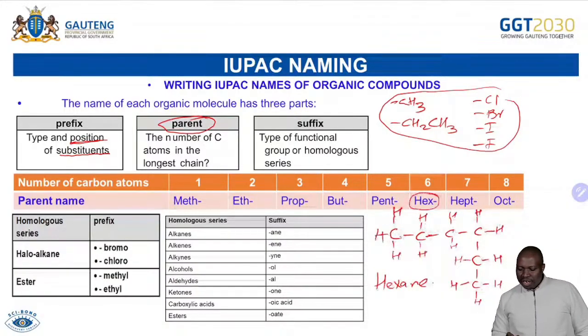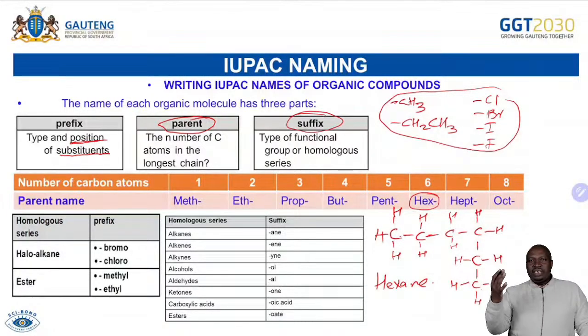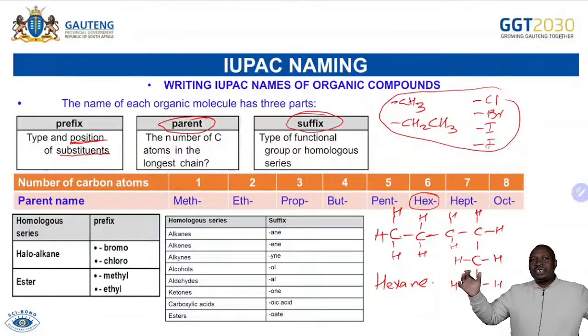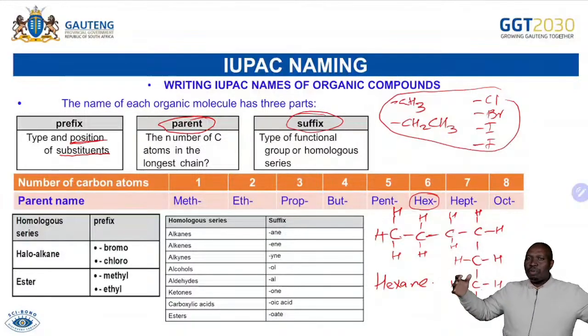So if you are having a substituent, you will definitely look for the position of that substituent. What am I saying? I'm saying when you are naming, you will always start from here. You will say, what is the suffix? I find it very easy when you do it like that to ask, what is the homologous functional group that we find in this structure? And we said it's carbon-carbon single bonds, carbon-hydrogen single bonds.